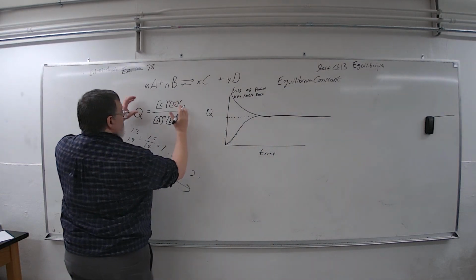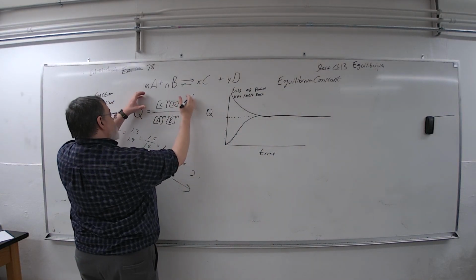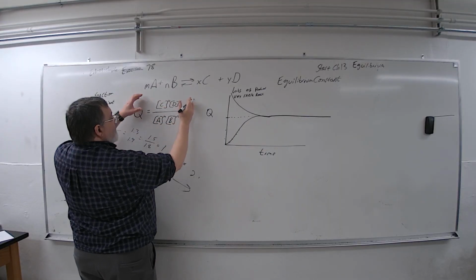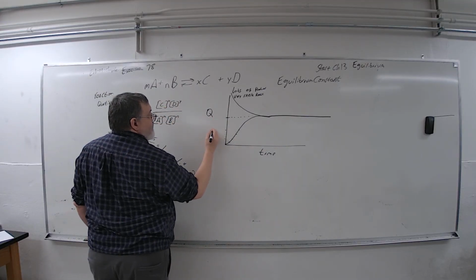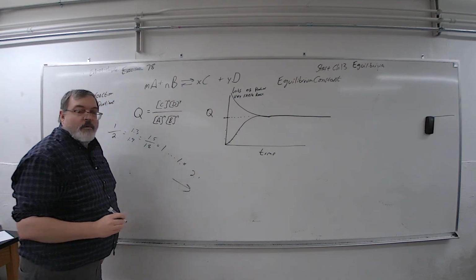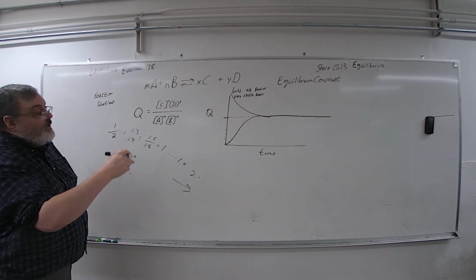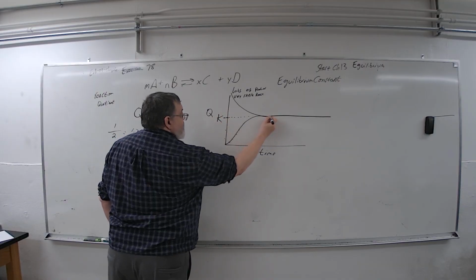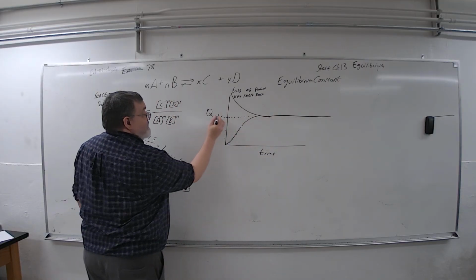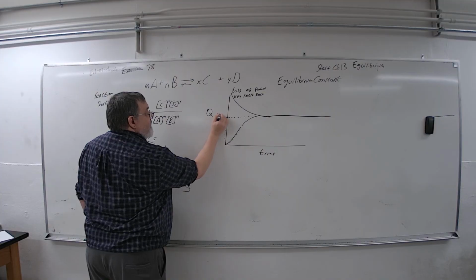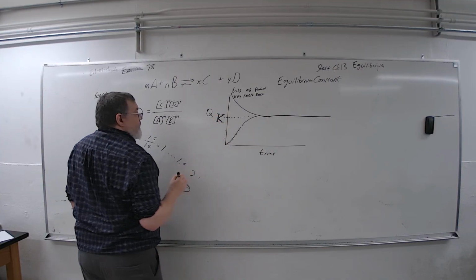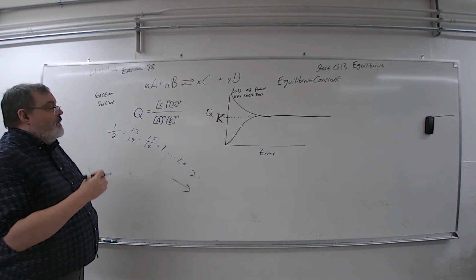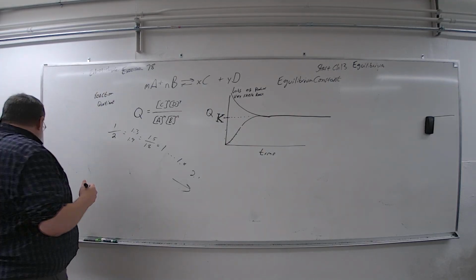Meaning this will get a little smaller, this will get a little bigger. This will get even a little smaller while this gets a little bigger. A little smaller, a little bigger, until it hits that magic point of equilibrium. The equilibrium constant is the value of Q at this point. That's the equilibrium constant. It can be calculated from thermodynamic data, but that's the concept.